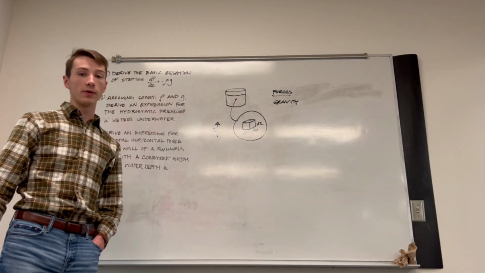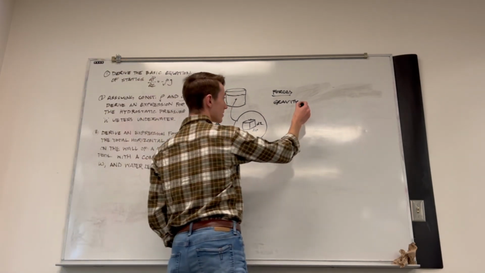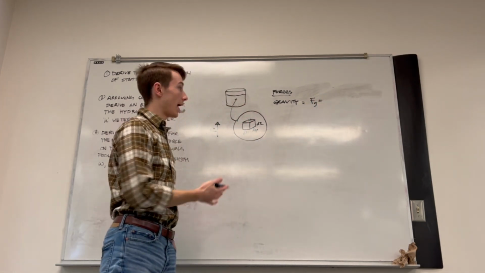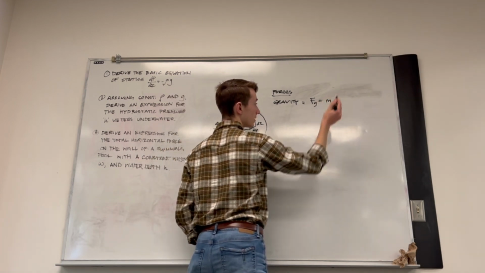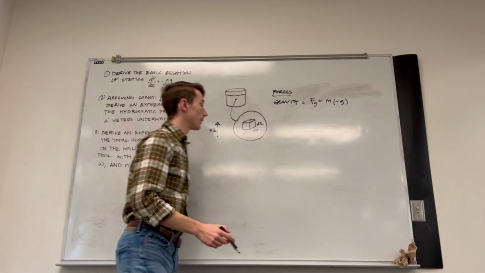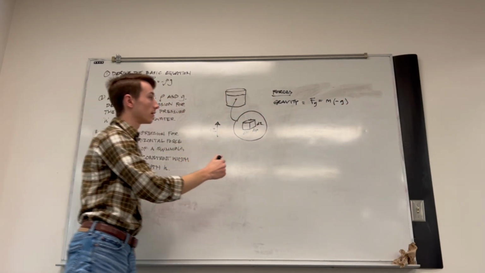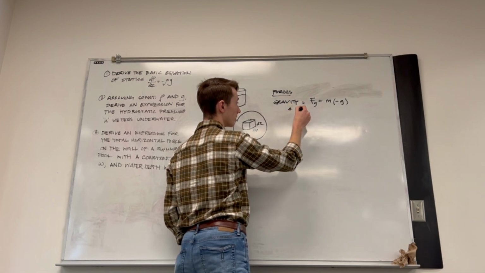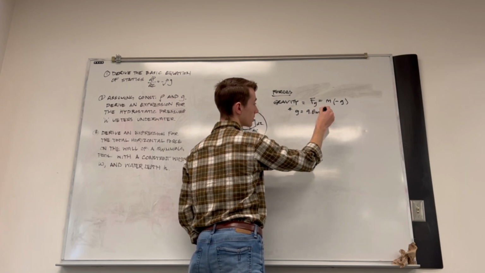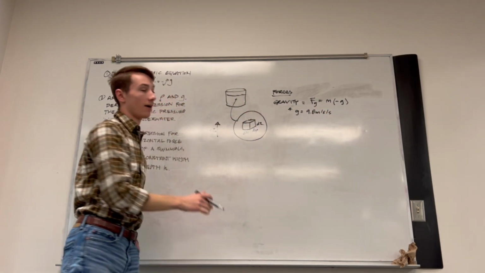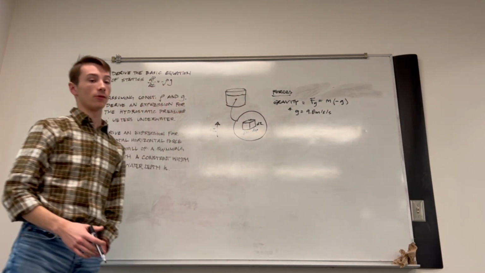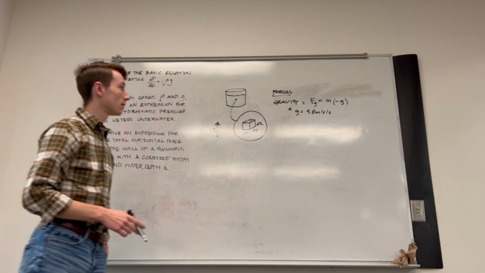From Newton's laws, we know that the force of gravity is equal to the mass of this differential unit times acceleration, which in this case is gravity. Since we said this is the positive z direction, we have to note that gravity is equal to 9.8 meters per second squared, and gravity acts downward in our scenario, so that's why it's negative. So this is the force of gravity on a differential unit of volume.